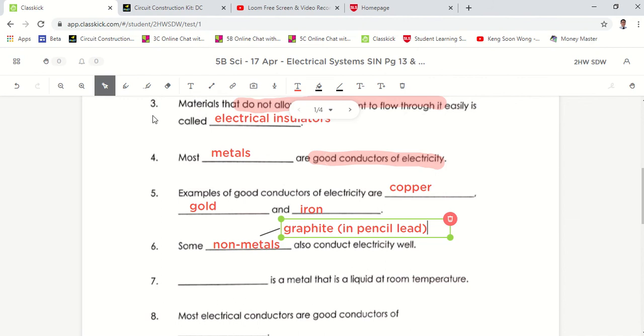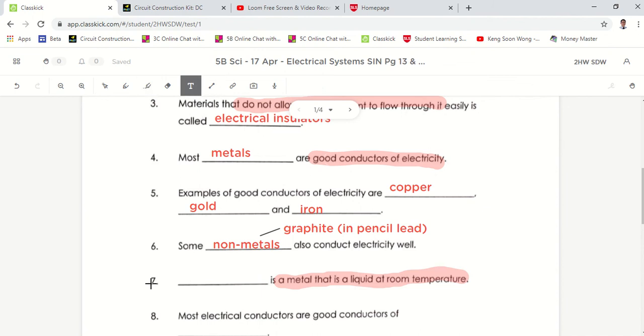Not all metals are solid at room temperature. Some metals are liquid at room temperature, for example, mercury. Mercury is a liquid at room temperature. So it doesn't mean it must be a solid to conduct electricity.